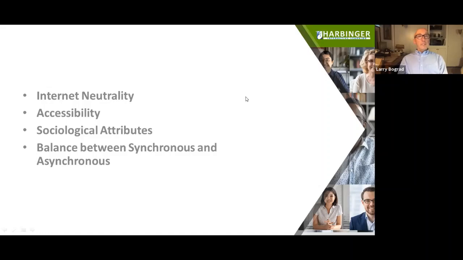And then, sociological attributes, we touched on this before. A lot of this has to do with cultural sensitivity, which particularly if you work in a global audience, it may mean that you may have to have different versions, as I indicate, for different audiences, in a live workshop session or a virtual facilitated session. You may again have to take these things in mind.